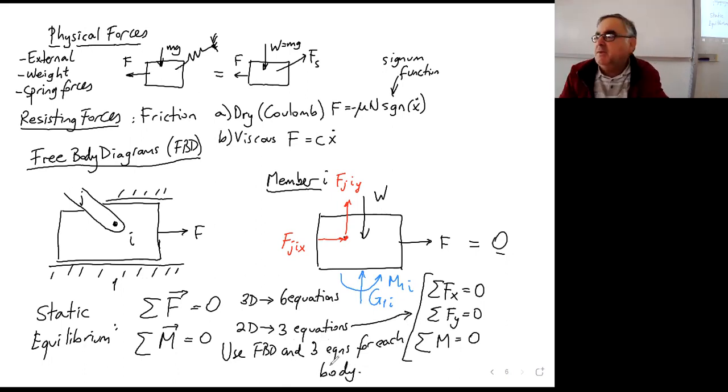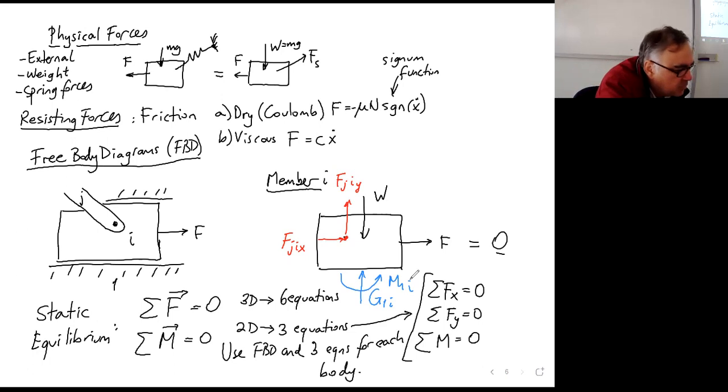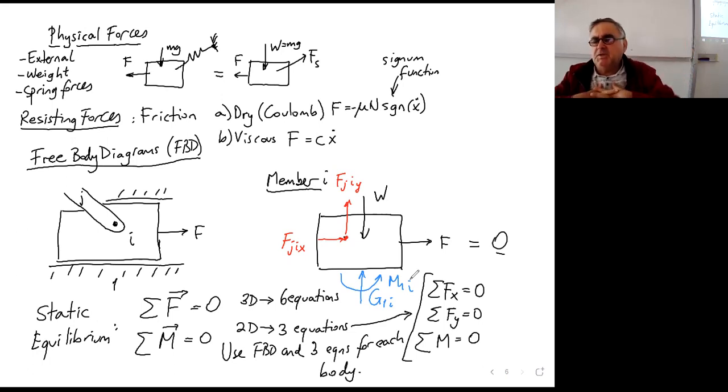And on top of that, there will be the compatibility equations, like the forces on the connected members should be equal and opposite, and so on, from which we can solve for the forces in our mechanisms. So what we want to do is to solve for, for example, the reaction forces, and find out what kind of forces act on each member.